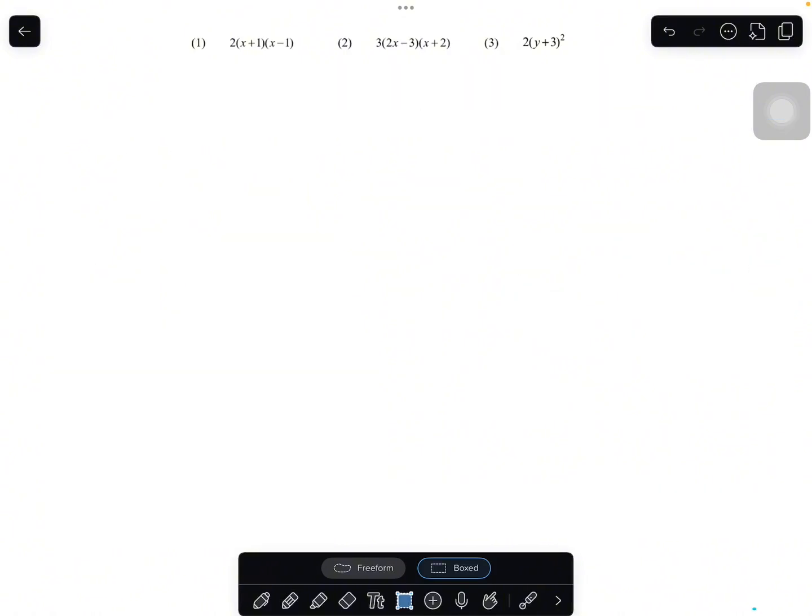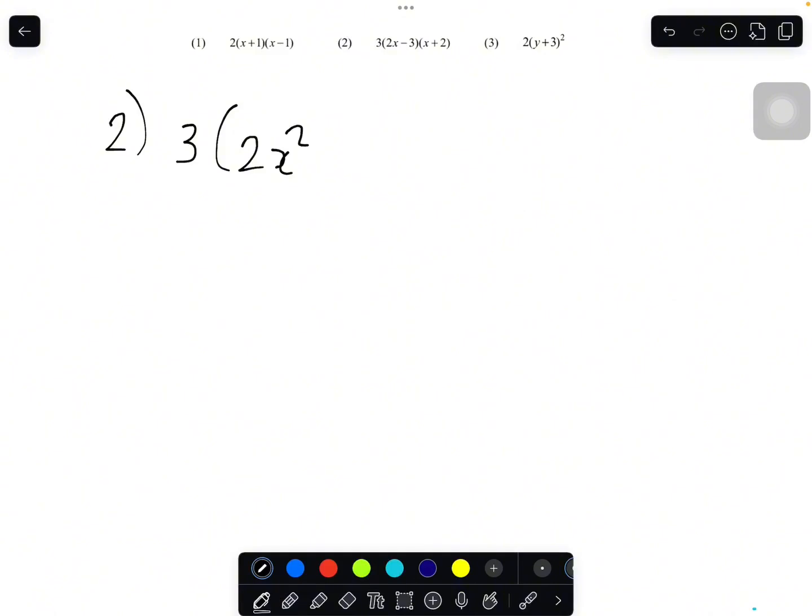Okay, let's go into our second one. We're going to be using FOIL again. We're looking at number 2, and here I'll have 3 into my first times my first is 2x squared. My outer will be plus 4x, my inner will be minus 3x, and then my last will be minus 6.